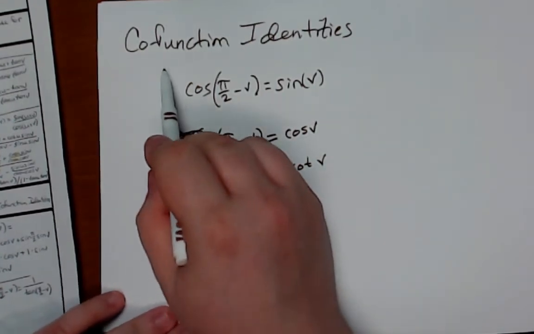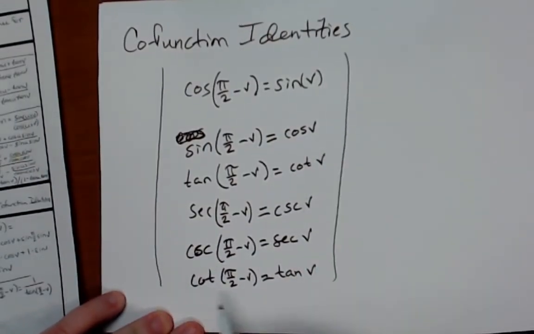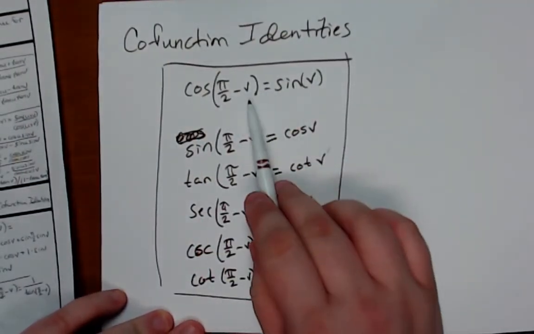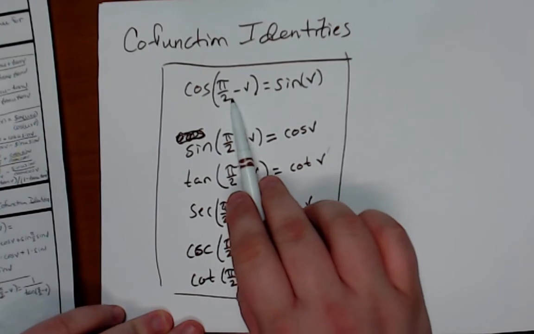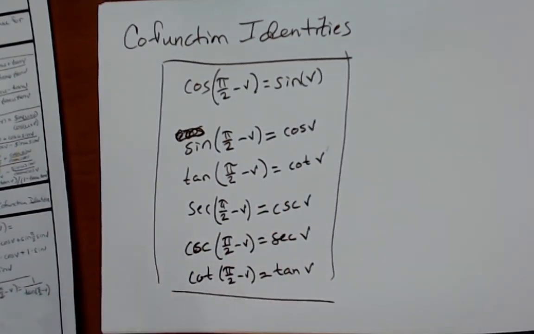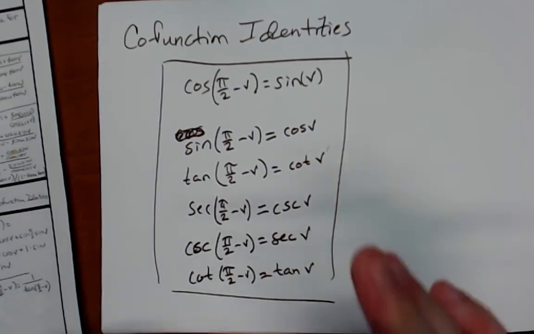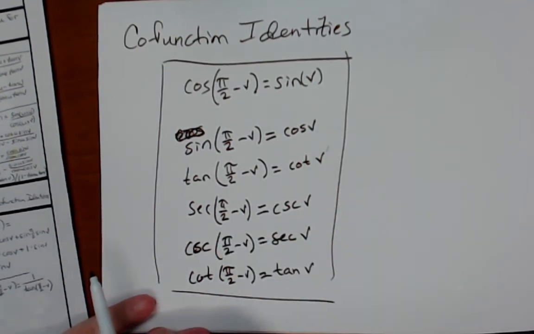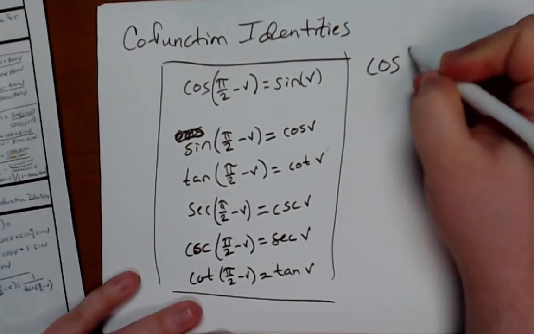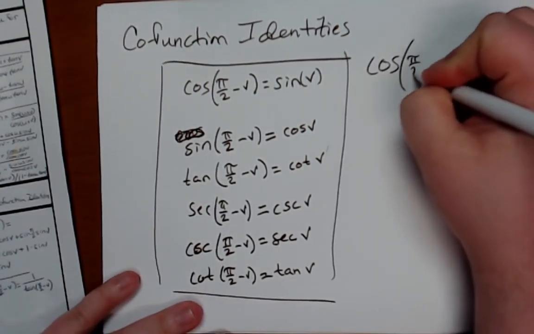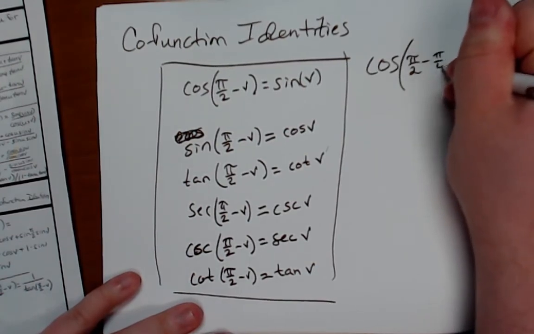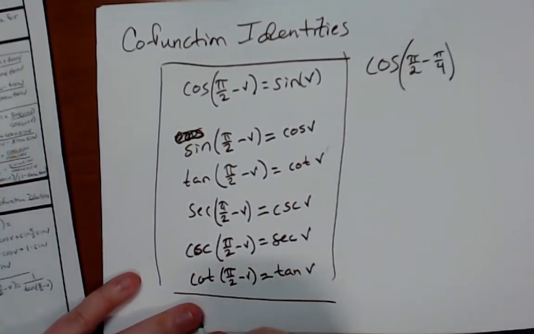So our cofunction identities tell us that if we have the sine or cosine of some value, we can offset it by pi over 2, and we get the other ones out. You'll have some homework problems working with these, but think of it this way. If I had cosine of pi over 2 minus pi over 4, I don't have to use my angle addition formula.